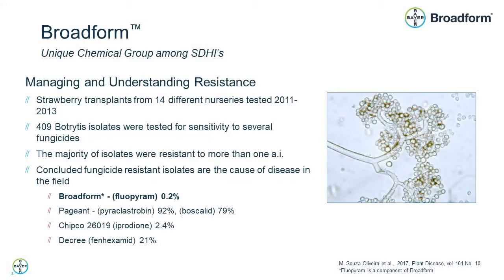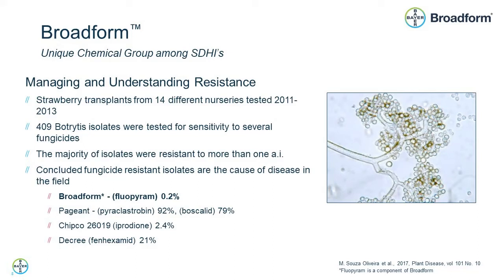Secondly, fluopyram has a unique, flexible molecular structure. Again, you ask, why does that matter? Well, the distinctly different structure and flexibility of the fluopyram molecule allows it to remain effective. In simple translation, Broadform is still effective where other SDHI products are failing due to resistance.